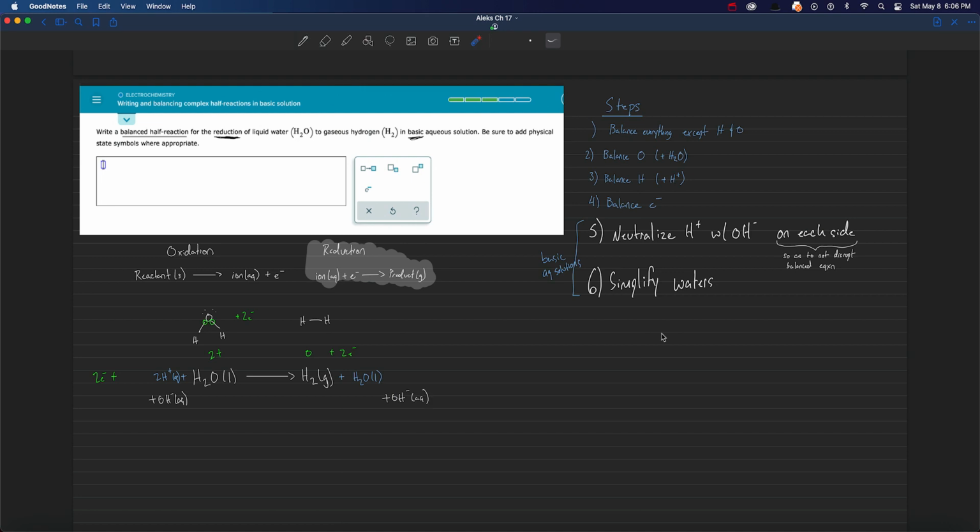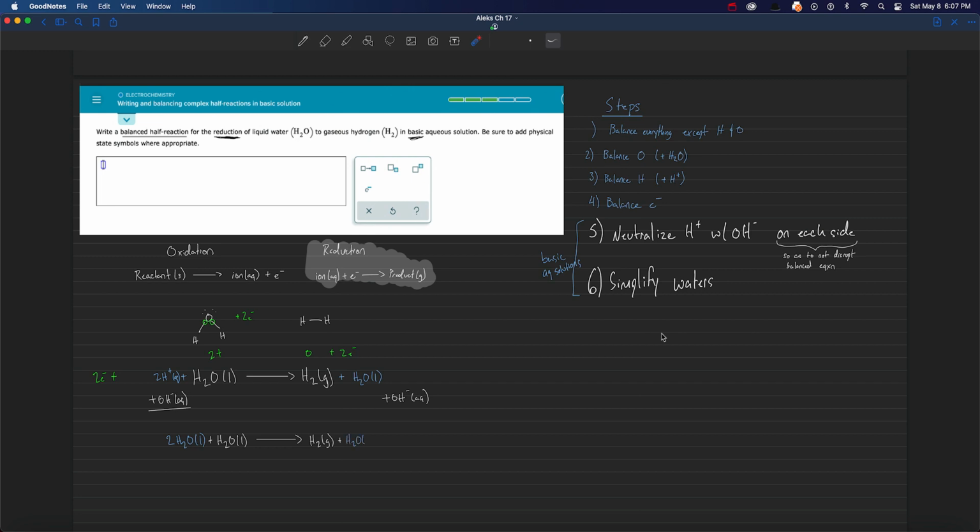So now, what is this going to give you? That's going to give you 2 waters. So I'm going to write out, just to make clear that this came from here, 2 H2Os liquid plus the original H2O liquid. This is the H2 gas plus H2O liquid.